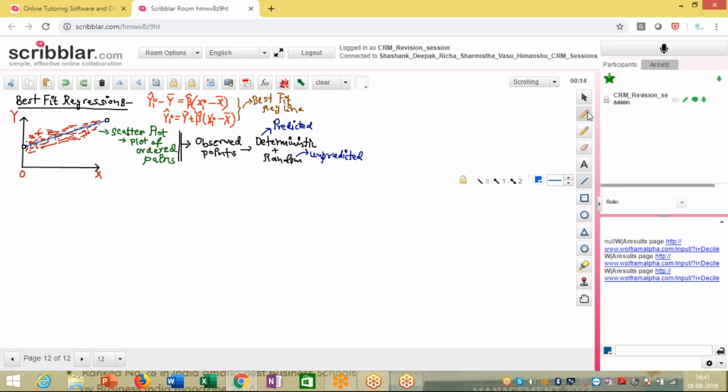Over here, this is the variance or the dispersion from the observed value. So this is another observed value, I have another observed value over here. So these are the differences from the observed values. Now a best fit regression line is one such that the actually observed points are closest to the predicted line, right?